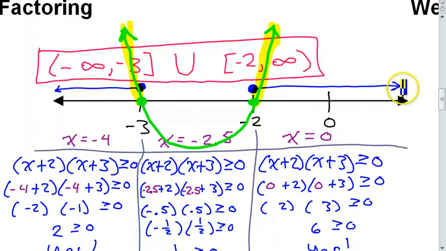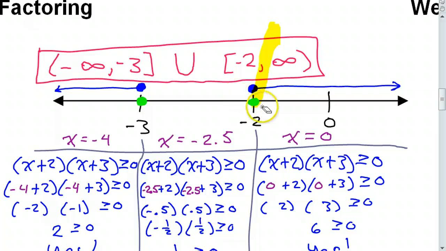That's why the solutions are in this area and this area. There are no solutions down here because this part of the parabola is below the x-axis, where the parabola is less than 0. I just thought I'd throw that in for my visual learners. That's it for example 3.